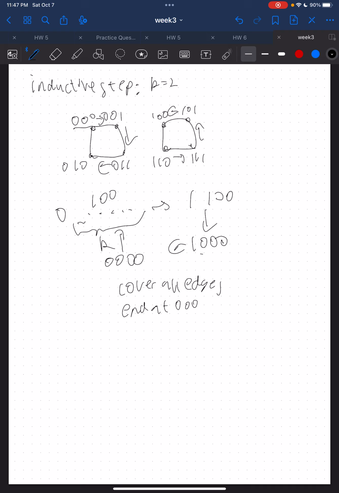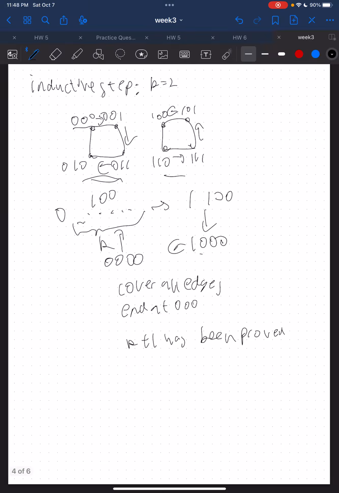So now the case for k plus 1 has been proved. Because to make the k plus 1 hypercube, you combine two of the same hypercubes through their corresponding vertices, and I use that property to make a Hamiltonian cycle on the first cube, stop short, cross over, cover all the vertices on the other hypercube, stop short again, and then cross over back to the original point.